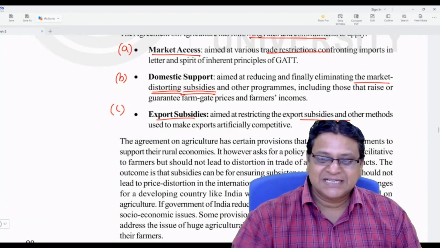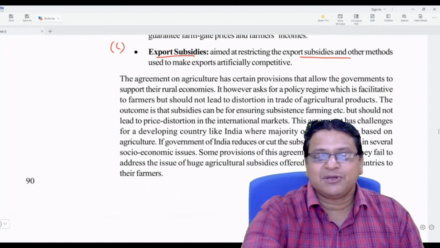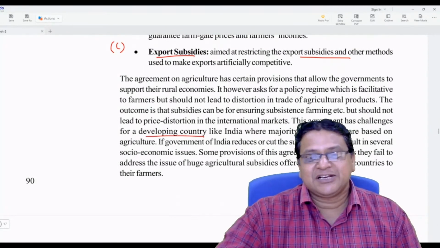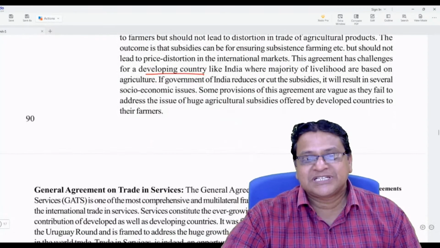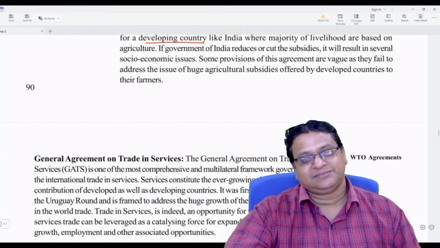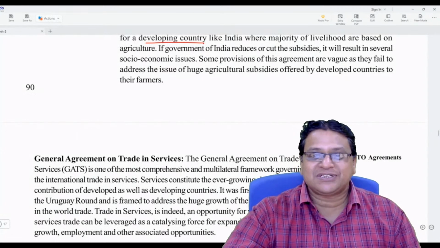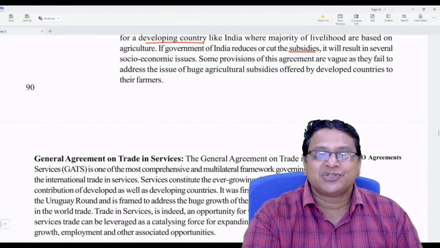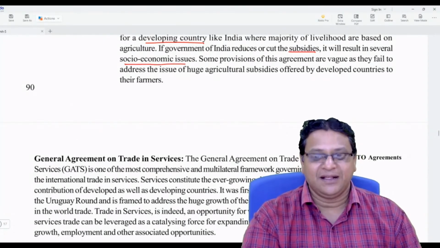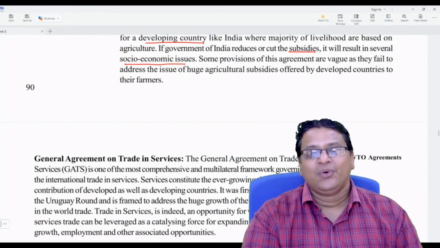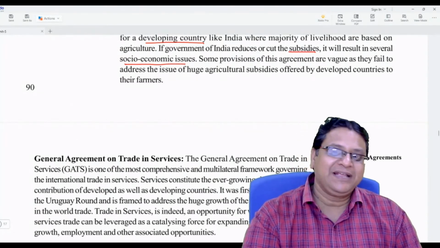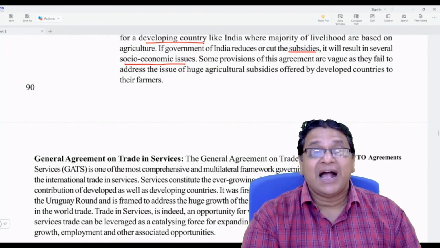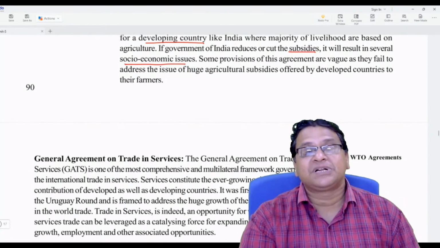Okay, but this agreement has some challenges for developing countries like India. We know that India is a country where most of the people still depend upon agriculture. So if we reduce or cut the subsidy, it will result in several socio-economic issues in India. So the Indian government is providing huge agricultural subsidies, but not as huge as developed countries are providing.